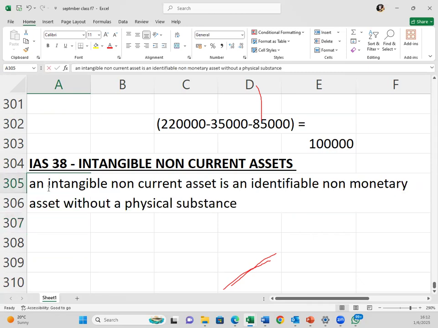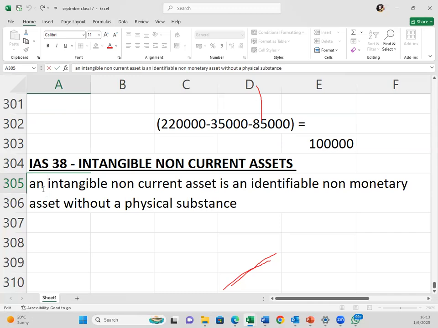So if you're saying there's an intangible non-current asset, number one, it must be identifiable. We should be able to separately identify the non-current asset. And it must not have a physical substance; it's not an asset we can physically touch.